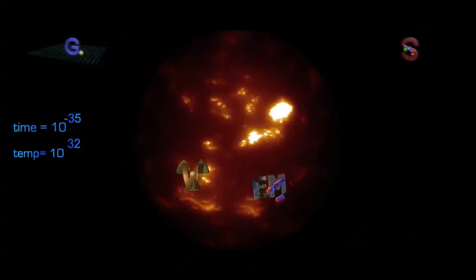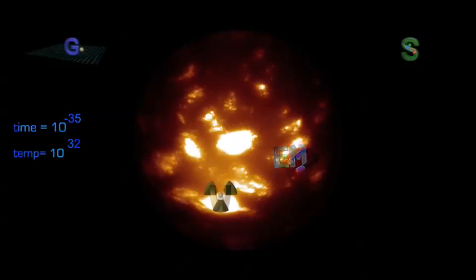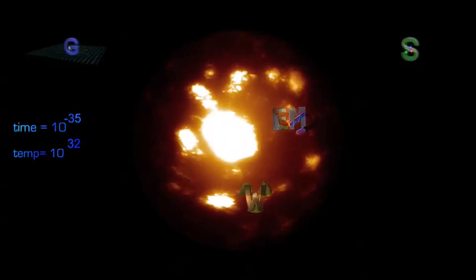But it wouldn't last. At the end of this instant, gravity separates itself from the union. At 10 to the minus 35 seconds, the strong nuclear force exits the union as well, and this triggers inflation, the event where the universe instantaneously grew in size, from tinier than an atom to an unknown large size.